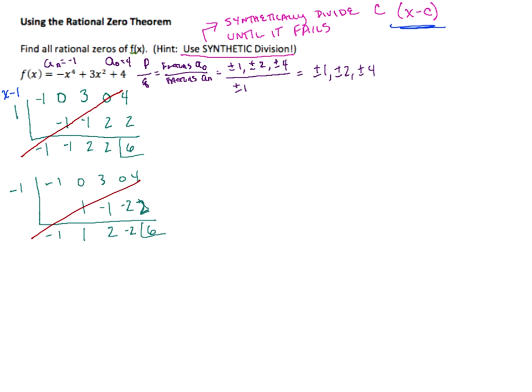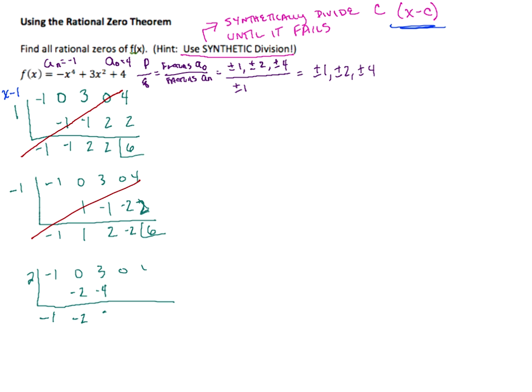Moving on to positive 2. I'll give positive 2 a try. Negative 1, 0, 3, 0, 4. Combine down.